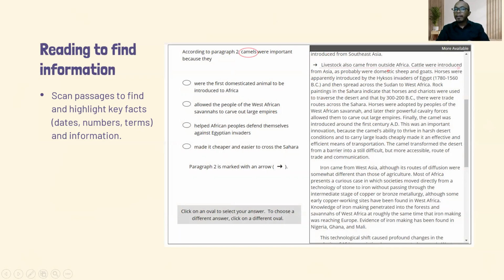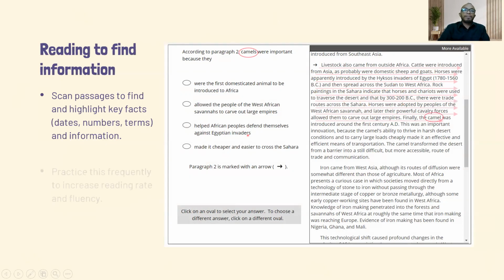So you will be reading fast, ignoring unknown or difficult vocabulary until you find the keyword that you need, which is, there you go, camel. So when you're scanning, you're not exactly reading to understand the information, but you're reading to find a specific thing, in this case, the keyword camel in the passage.